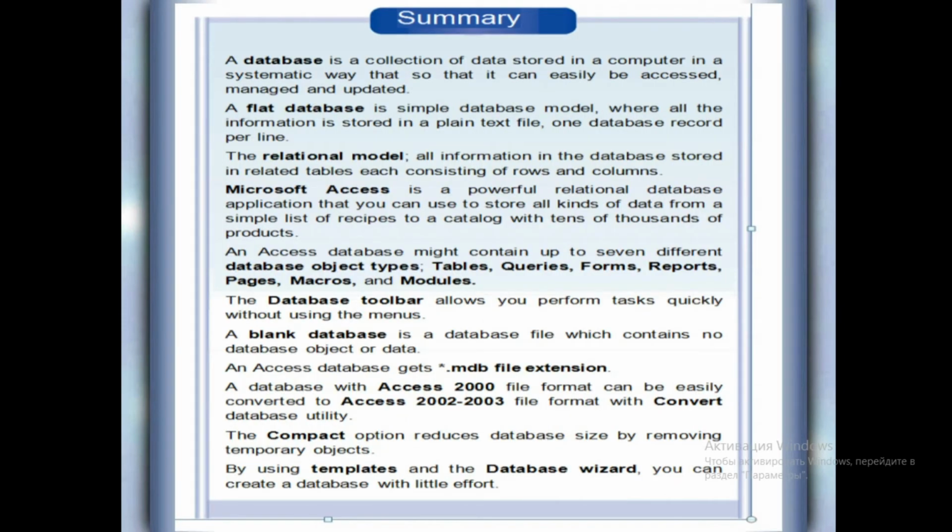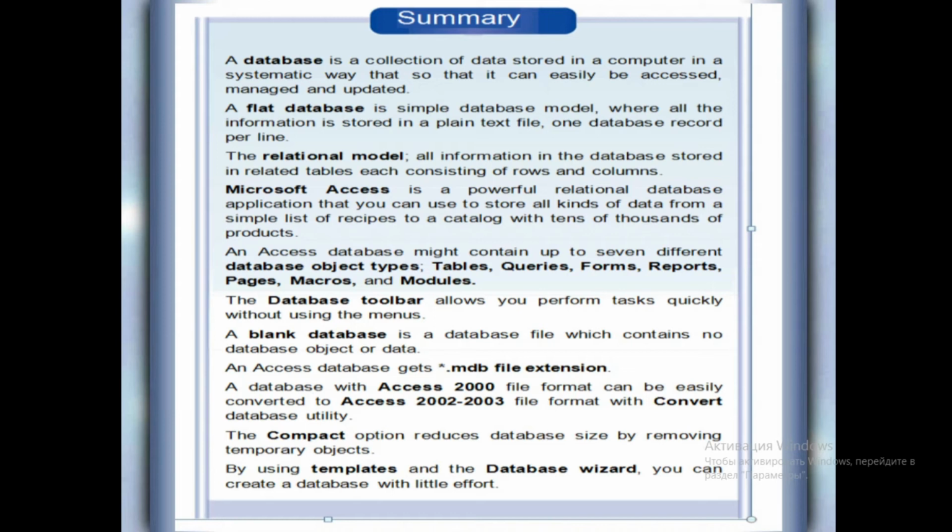A database is a collection of data stored in a computer in a systematic way so that it can easily be accessed, managed, and updated. A flat database is a simple database model where all the information is stored in a plain text file, one database record per line.